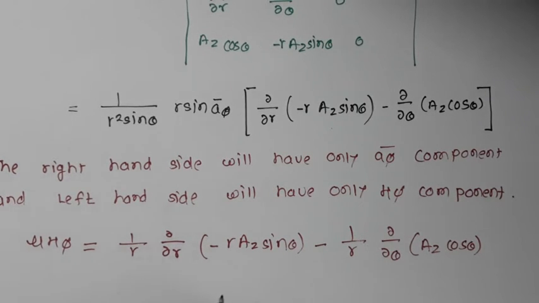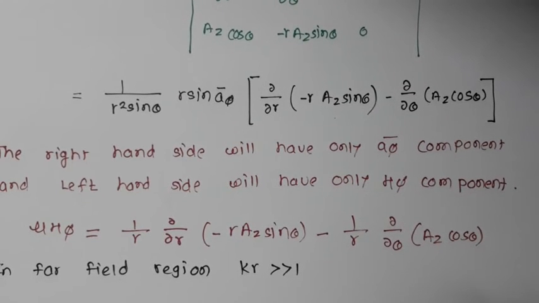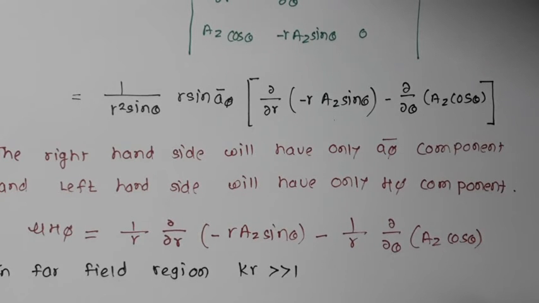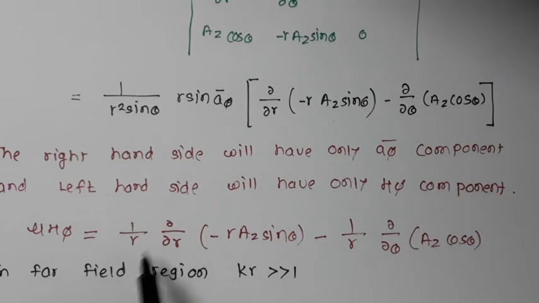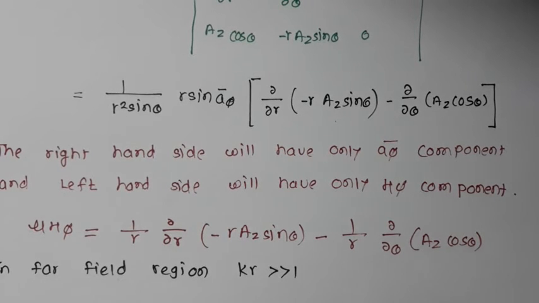So if I talk about the far field region, in the far field region kr is greater than 1. So the second term will be very small as compared to the first term. Here, 1 by r d by dr of minus r AZ sine theta, and 1 by r d by d theta of AZ cos theta, the second term will be very small as compared to the first term and can be neglected.